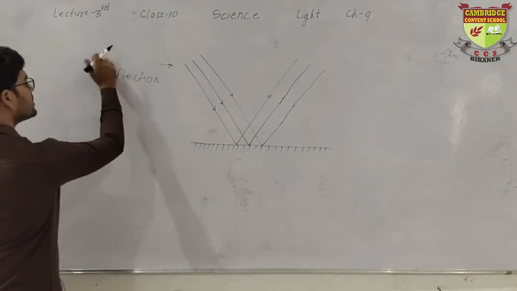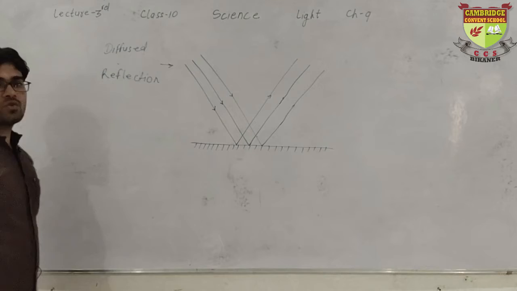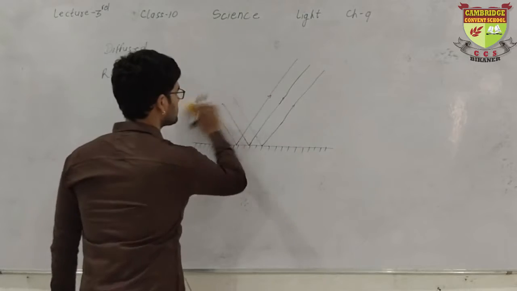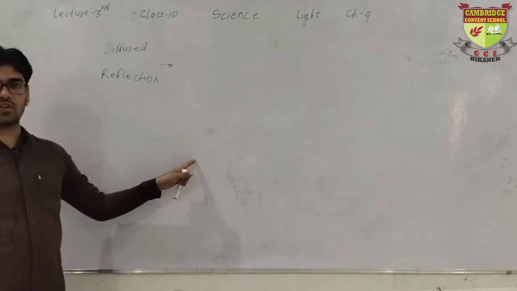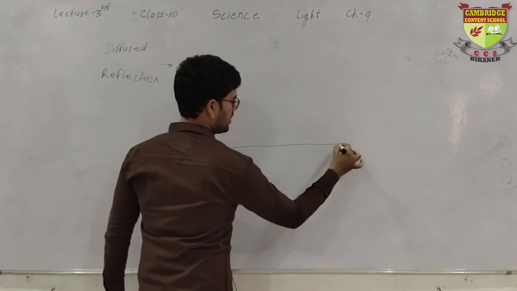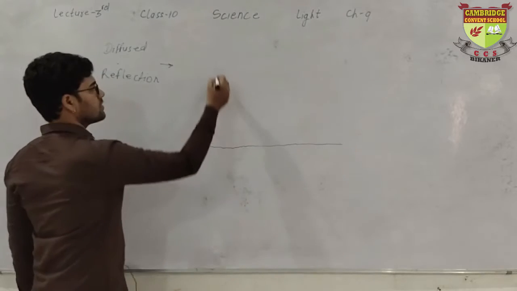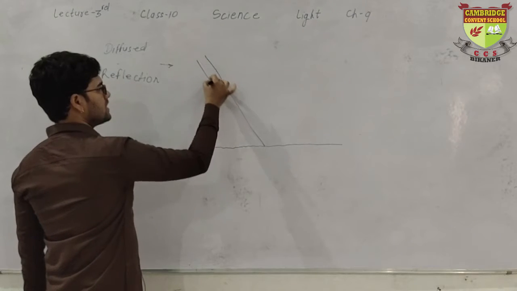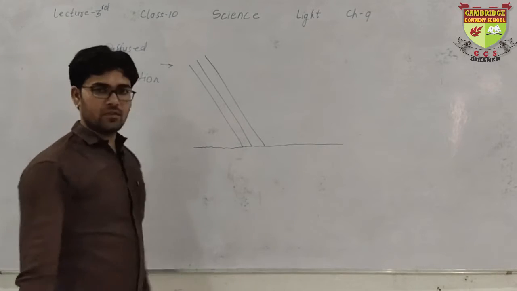If I talk about diffused reflection, then the case is different. See how? This time the surface is not smooth, it is a little bit in zigzag manner, an uneven surface. So again the same scenario, I am taking 3 rays of light incident on this uneven surface.